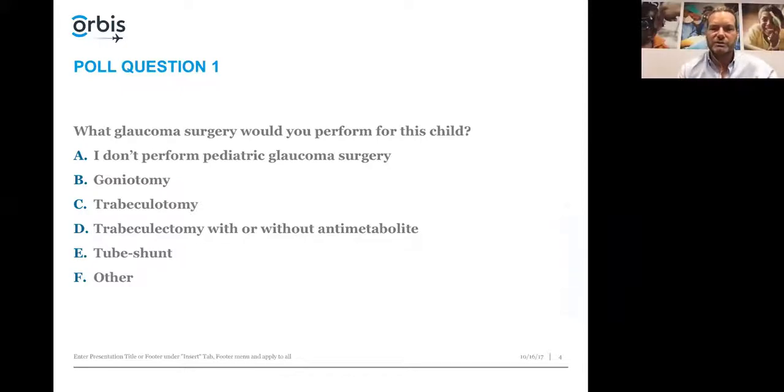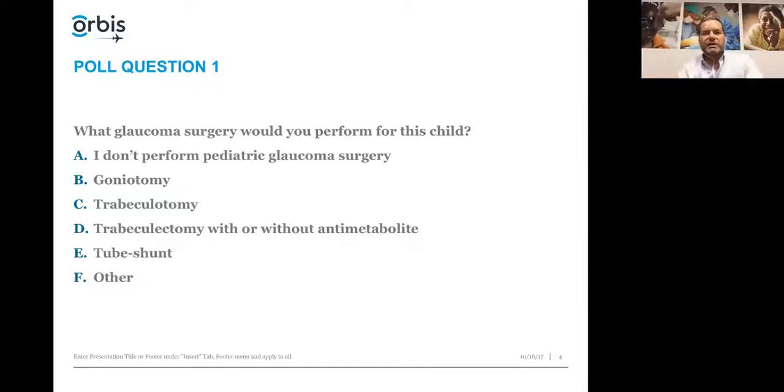And it looks like most people would do trabeculotomy, with a smaller percentage who would go on to a tube shunt or perhaps don't perform surgery. And I think that trabeculotomy, especially if this was a very primary surgery, would probably be my choice with this one.